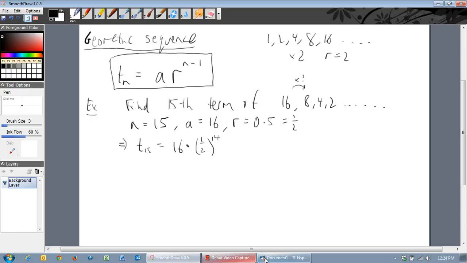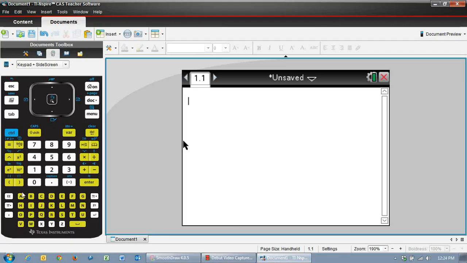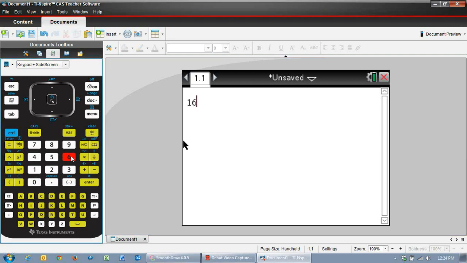Now, I'll just show you something on the calculator. If you type in 16 times, with a bracket, let's say we write it as 0.5 to the power of 14, and enter. Look, it gives us a decimal answer. The reason it gives us a decimal answer is because I put this half as a decimal.